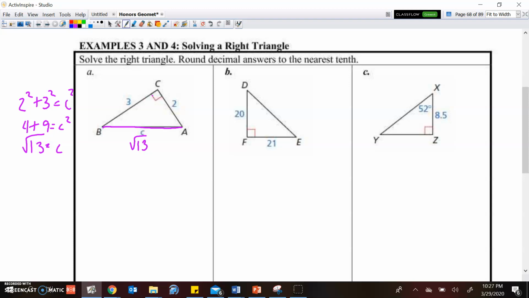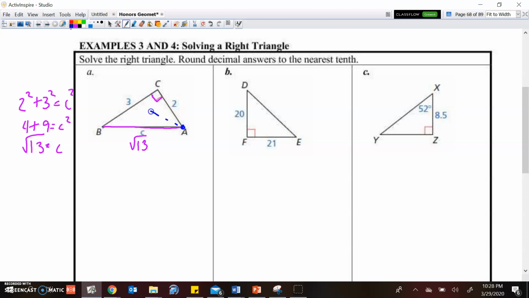Now my angle measures, we obviously have one of them. It's the right angle. Now what I can use, because this is not a special right triangle, meaning it's not a 45, 45, 90 or 30, 60, 90, is one of my inverse trig functions. So let's take it from, how about angle A? I'm going to pick any relationship.